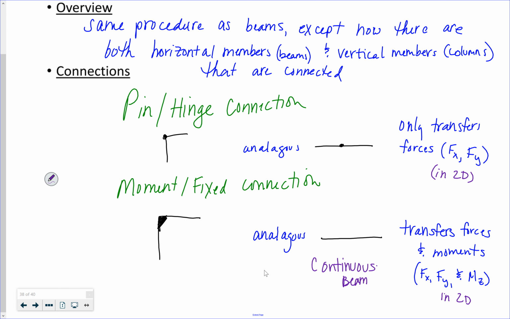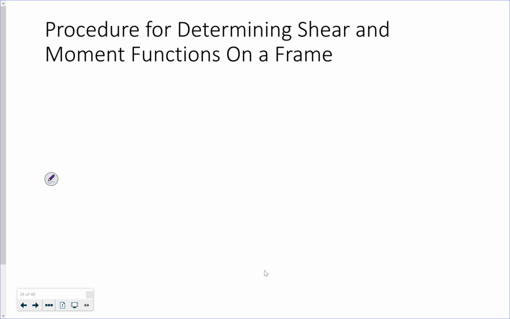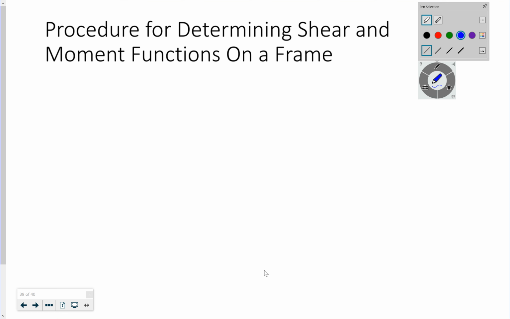Okay, sorry, my pages got a little bit out of order. So if we're looking at the procedure for drawing shear moment functions on a frame, go back to our very first thing, calculating our support reactions.